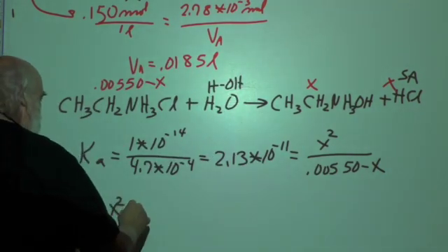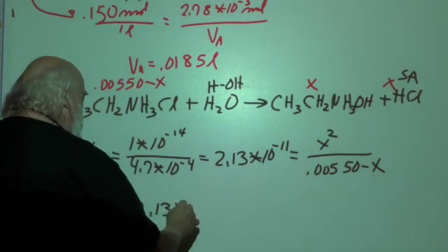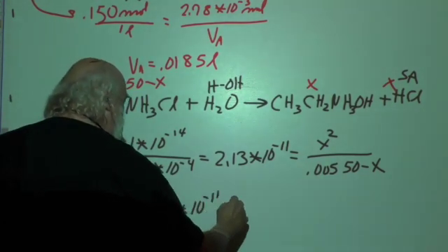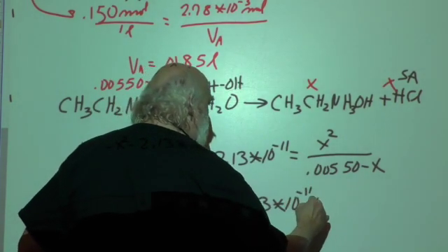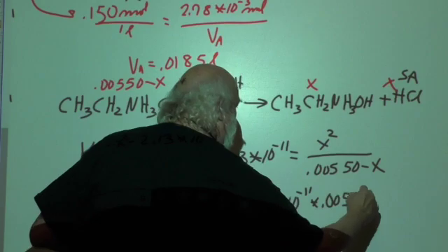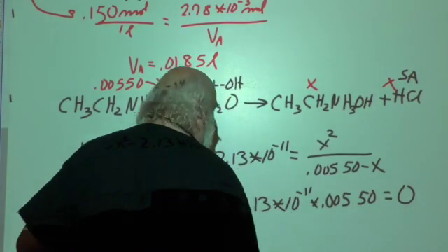Negative X squared minus 2.13 times 10 to the negative 11th plus 2.13 times 10 to the negative 11th times 0.00550 equals 0.